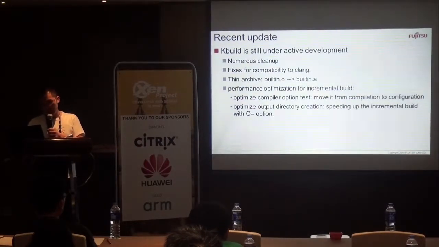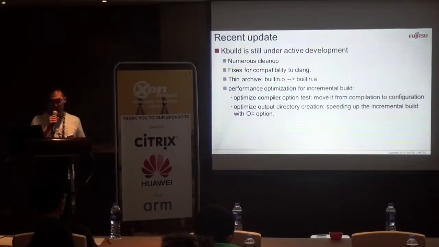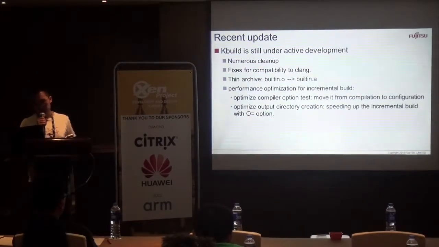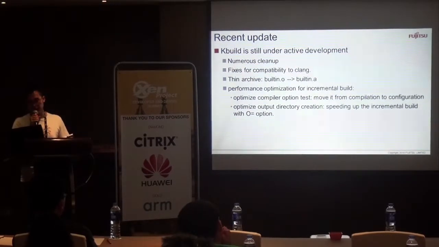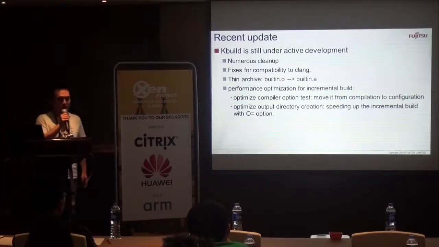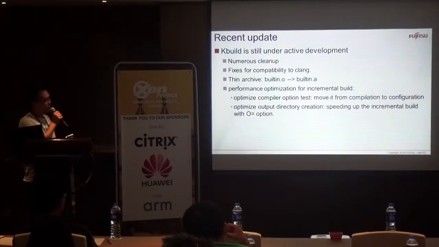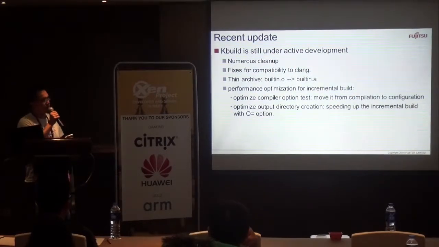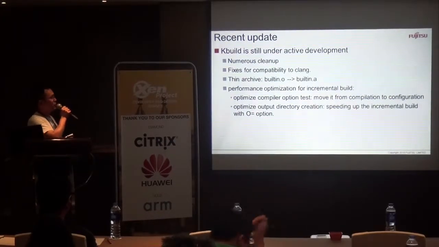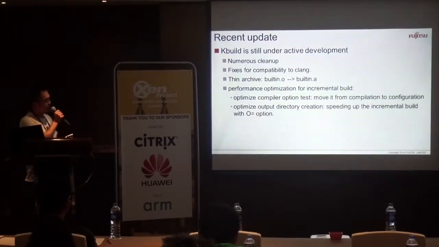Since the new maintainer came, there have been a lot of improvements. For example, numerous cleanups. I also posted dozens of cleanup patches to Kbuild, and then some fixes for compatibility with the new compiler.